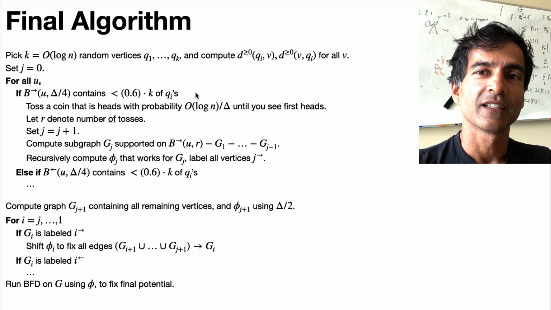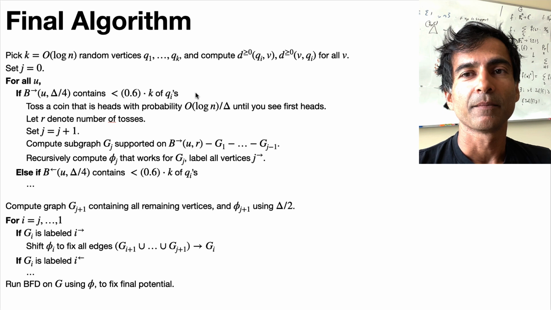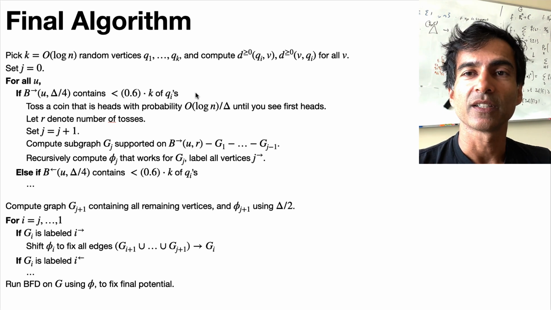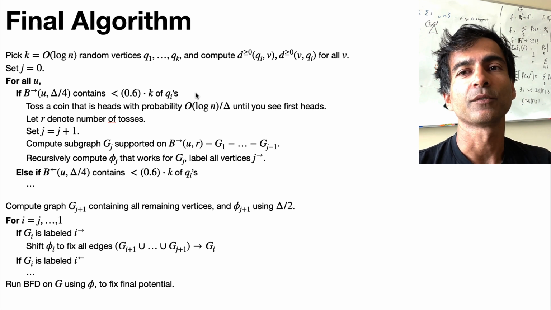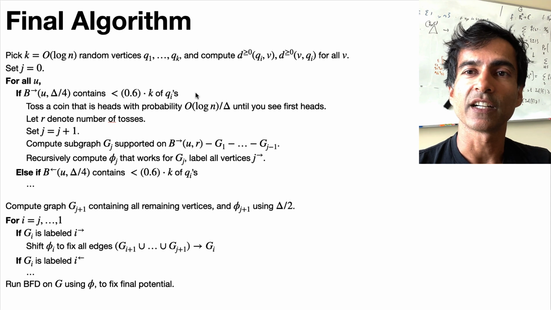Now, before we were picking the radius of the ball uniformly at random. But to make the analysis work, now that we have so many balls operating together, we need to pick the radius of the ball in a careful way so that we can avoid a very wasteful union bound over all the different balls.